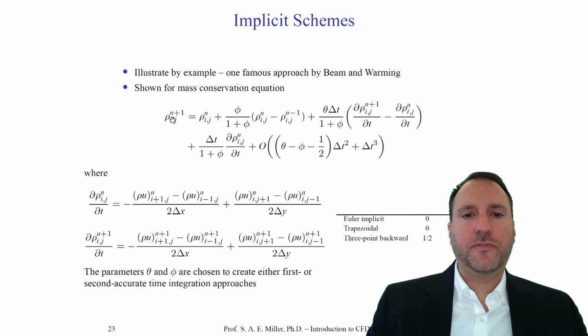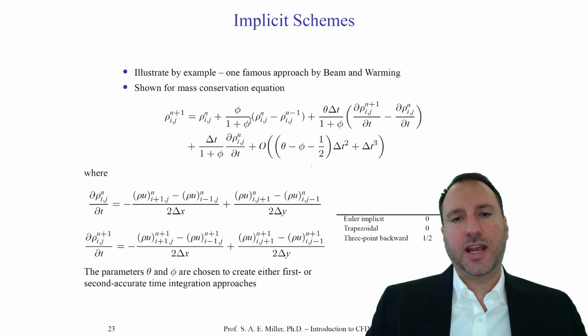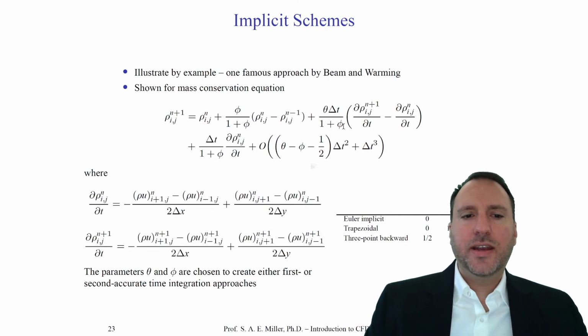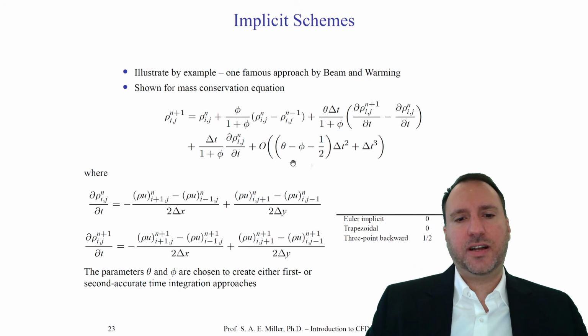So this whole first three terms in the equation represent a general scheme. Then we add in a delta t and average them over rho of n plus 1 and rho of n. See, phi delta t over 1 plus phi and delta t over 1 plus phi. We have partial rho n partial t, and partial rho n plus 1 partial t minus partial rho n partial t. Now, I've written it in this way, which is very complicated, but you'll see the advantage of this.